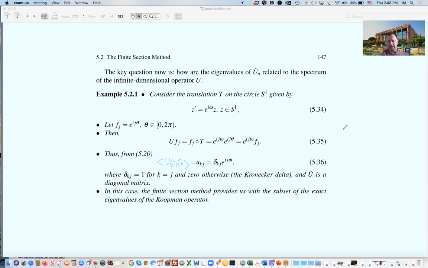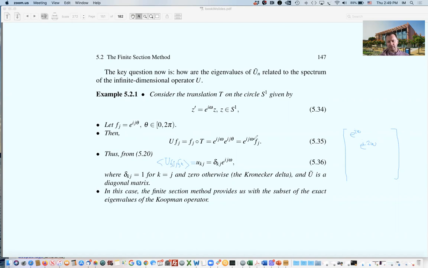So we have a diagonal matrix as our representation of the Koopman operator, and on the diagonal we have the eigenvalues e to the i omega, e to the i 2 omega, and so on, because, as you remember from previous calculations, the eigenfunctions of this dynamics are these, with eigenvalues e to the ij omega.